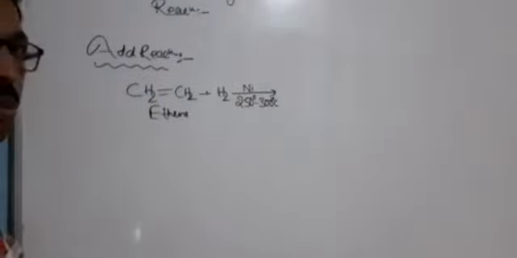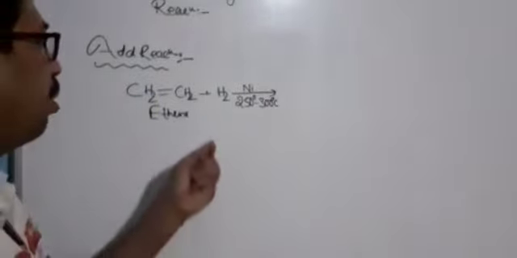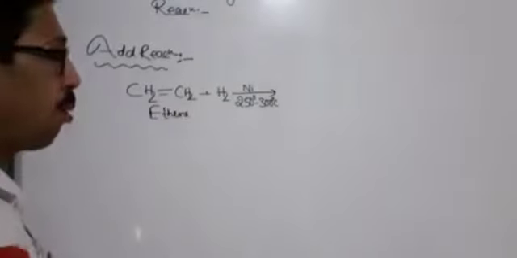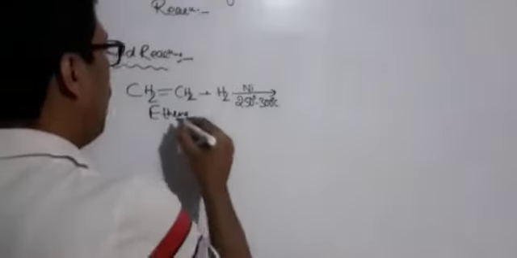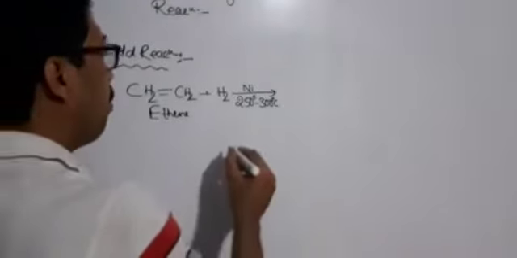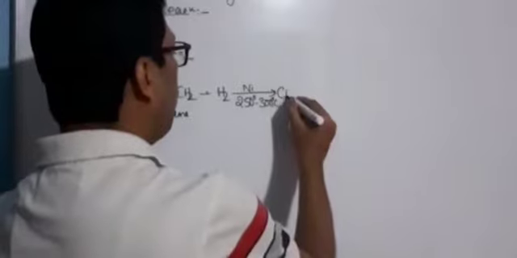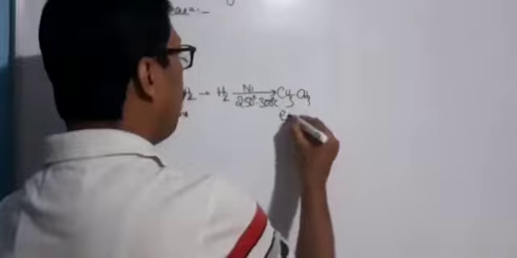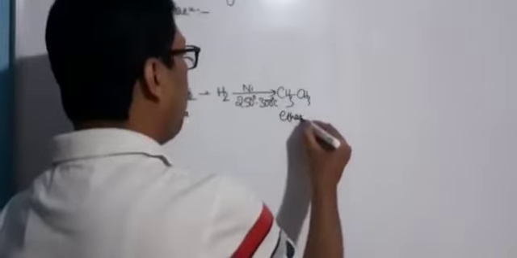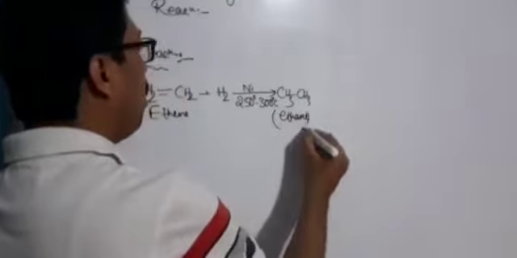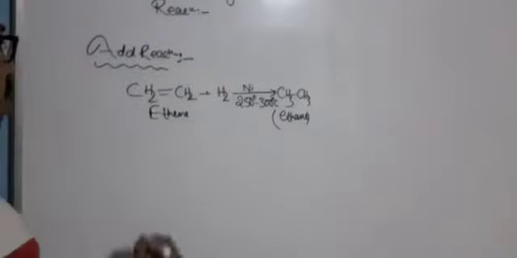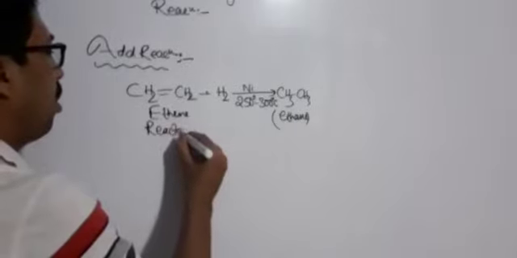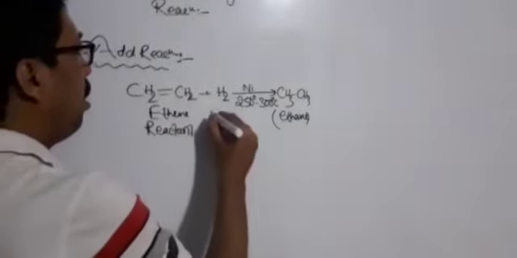What we have to do is add both the hydrogen atoms to the double bonded carbon atoms, and during the reaction the double bond becomes a single bond and the product will be CH3 bond CH3. This is ethane.